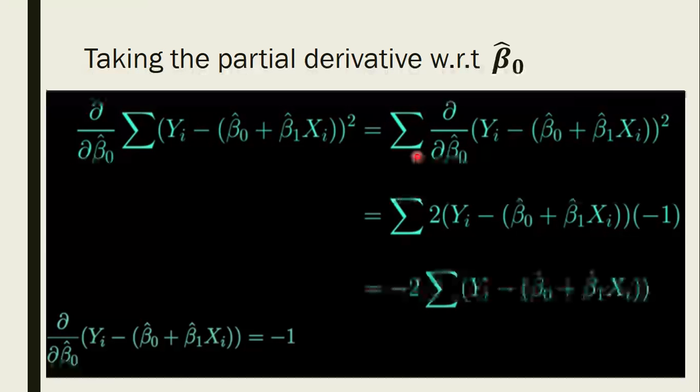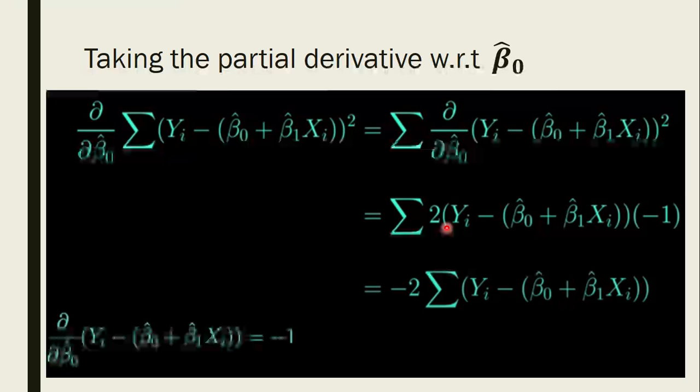Now we have a squared term, so by the power rule the 2 comes down, and the exponent becomes 2 minus 1, or 1. We can't forget the chain rule, and now need to multiply by the derivative of what is inside the brackets.